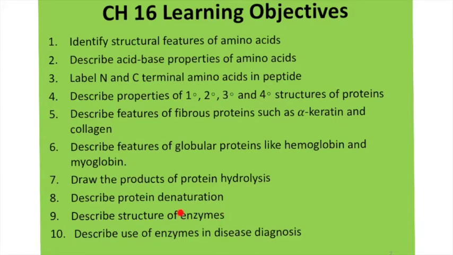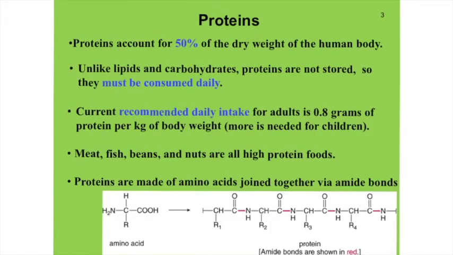We're going to talk about enzymes and how they function. They have an active site, and substrate and some cofactors may bind to the active site of an enzyme, and catalysis occurs. And then you're going to learn a little bit about how enzymes are used to diagnose certain diseases. Proteins account for about 50% of the dry weight of our bodies, and unlike lipids and carbohydrates, they are not stored, so we need to eat them every day.